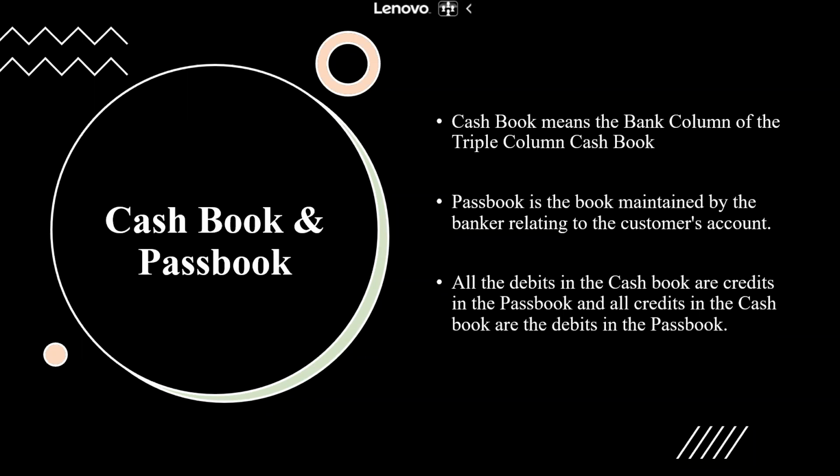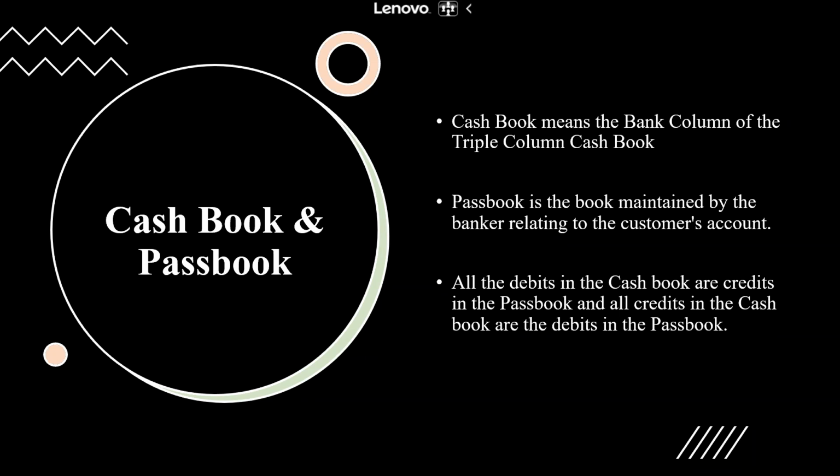So if you remember in the cash book, what are we debiting? Can anyone tell me what do we debit in the cash book? Ma'am, the cash receipts. Yes, we debit all the receipts. Please remember when I say cash book, it is the bank column of the cash book, right? So we will debit all the receipts and we will credit all the payments.